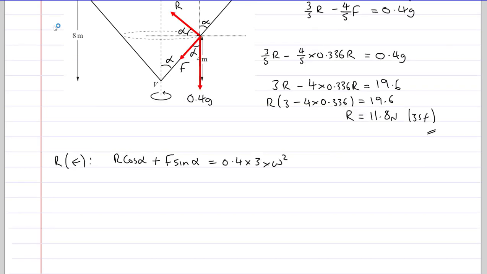So this gives me 4/5 times 11.8. Again, we'll use the exact value. Plus, remember F is mu R, so we get sine alpha, which is 3/5 times 0.336 times 11.8. 0.4 times 3 is 1.2, so that gives me 1.2 omega squared. All I've got to do now is work this out on my calculator, divide through by 1.2 and square root.